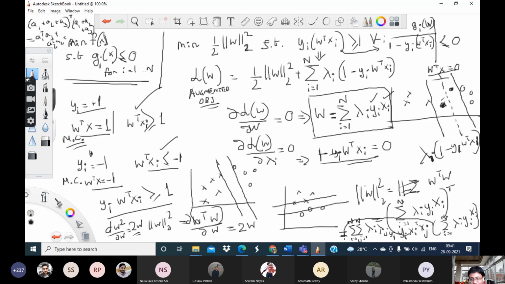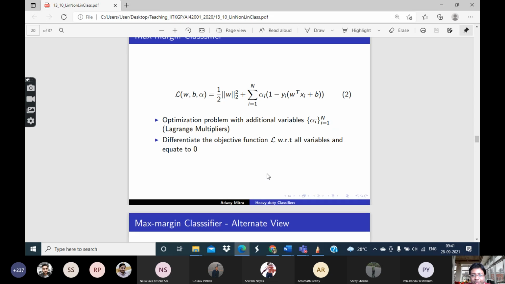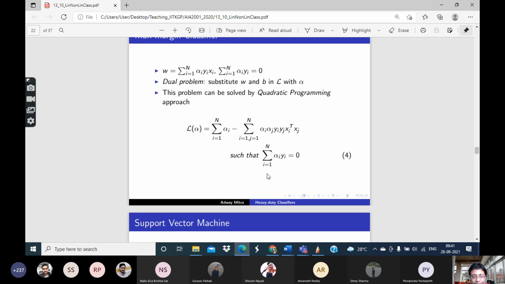It looks complicated, but it's actually quite straightforward. It just follows from the principle of (a plus b plus c) whole square. I leave it as an exercise for you to convince yourself.